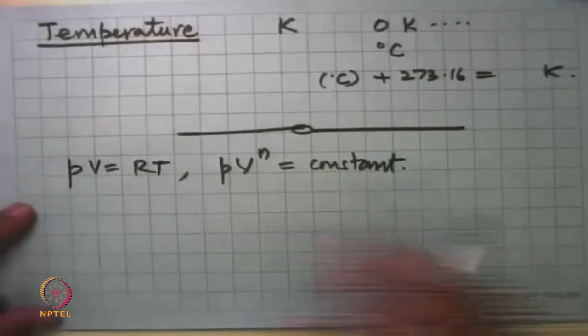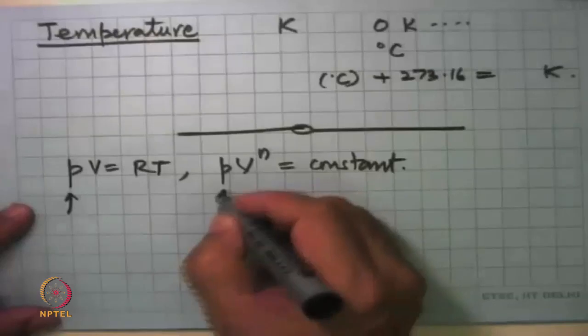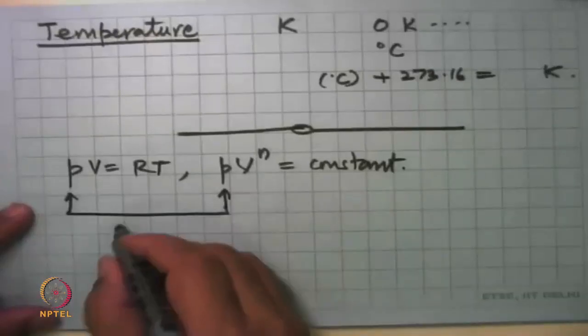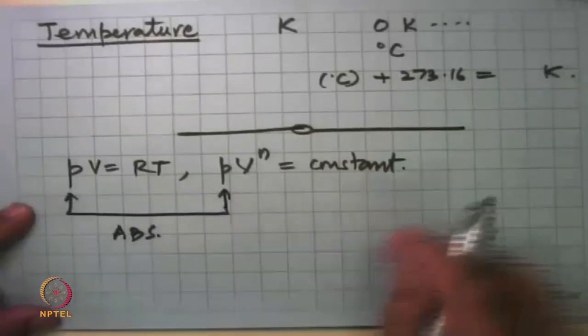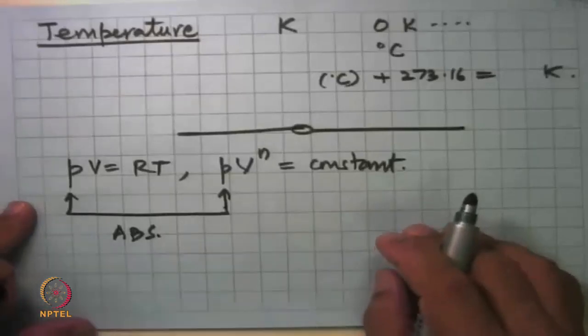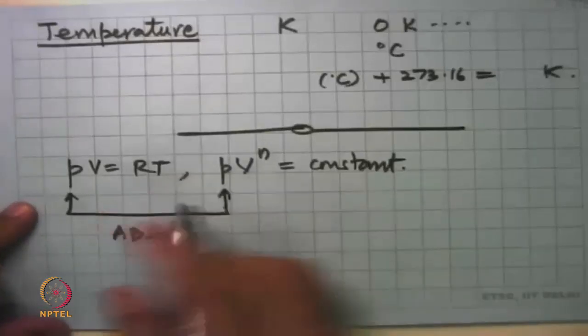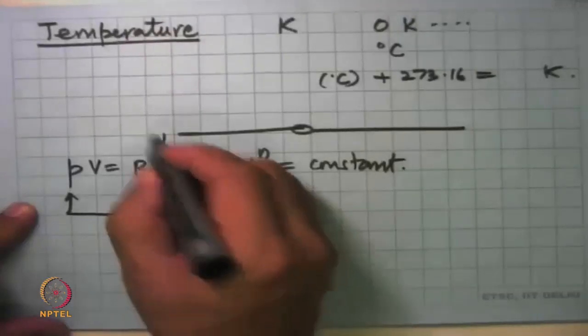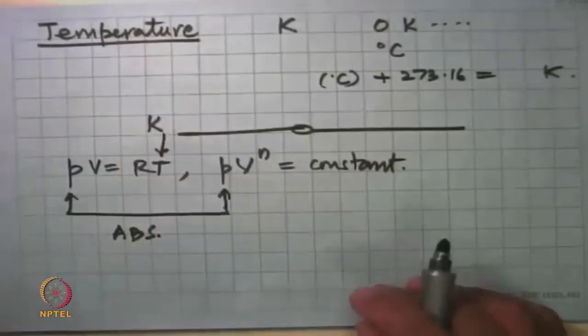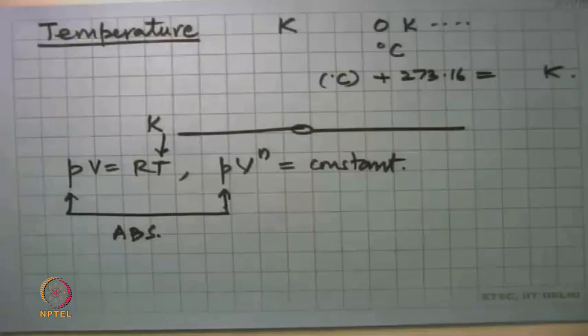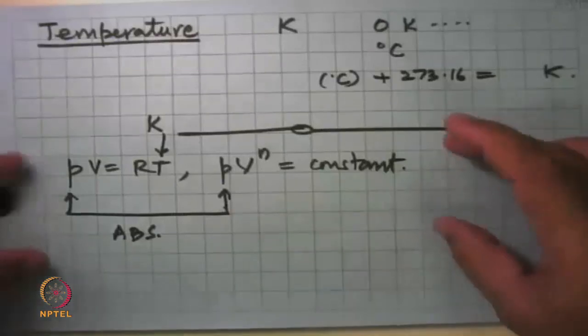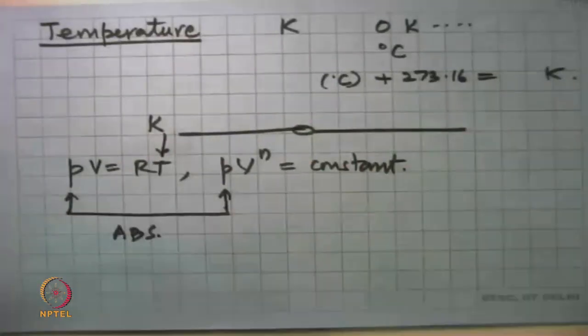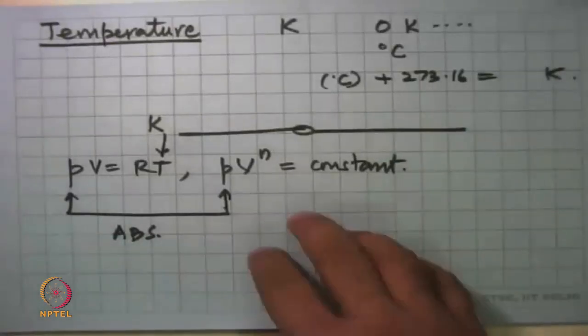But the point to note here is that this pressure is always absolute pressure and not gauge pressure, and in equations like this the temperature is always in Kelvin. I want us to keep that in mind when we are looking at all the other things that will come up in the later modules and in solving problems. So that is what I wanted to cover about pressure and temperature.